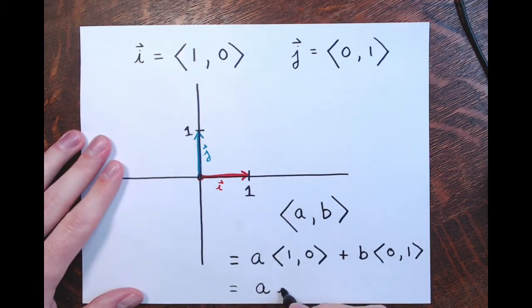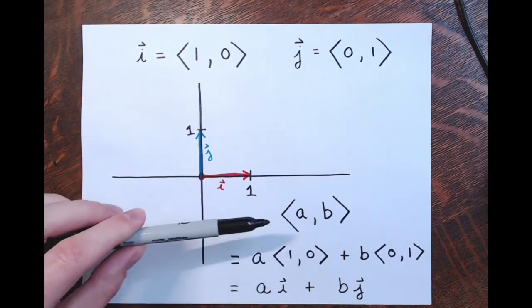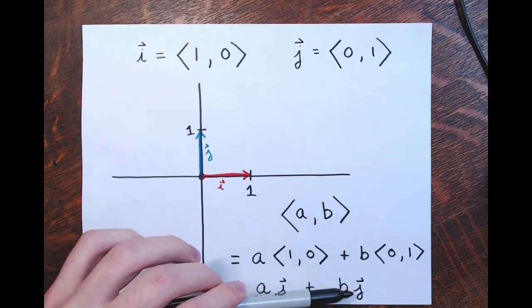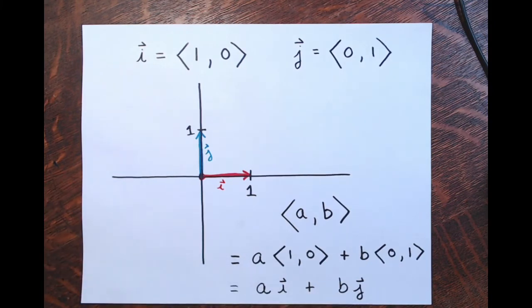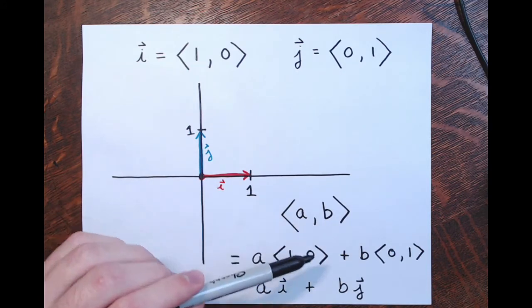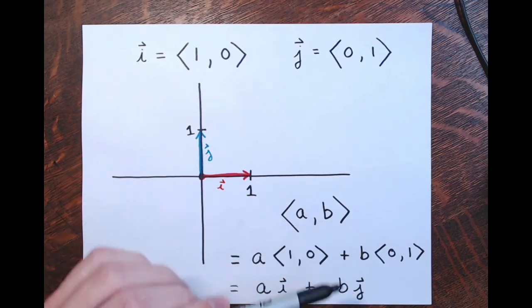So a times vector i plus b times vector j. So it's very easy to go back and forth between vectors in standard notation and vectors with this i and j notation. The coefficient of the i is simply the first component of our vector, and the coefficient of the j is simply the second component of our vector.